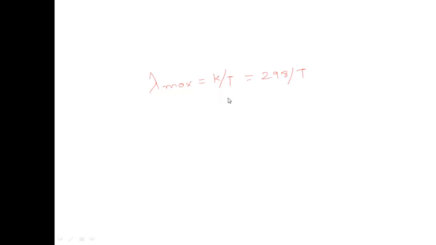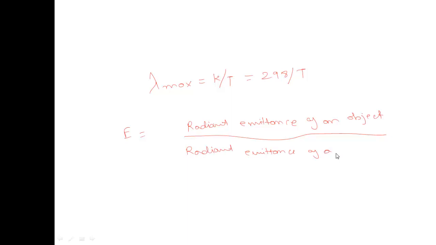So in this way, the world is not full of black bodies, rather it comprises selectively radiating bodies like rocks, water, etc. The relationship between the two is given by the emissivity, which is E equal to the radiant emittance of an object divided by the radiant emittance of a black body at the same temperature.